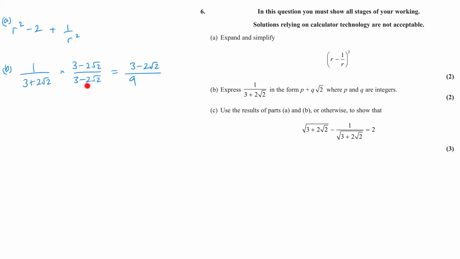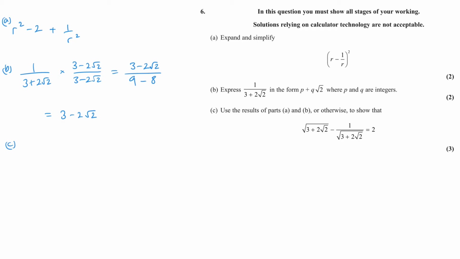And then 3 times minus 2 root 2 and 3 times plus 2 root 2 will cancel out. And then we've got the 2 root 2 times minus 2 root 2. So that's going to be minus 2 times 2 is 4, and root 2 times root 2 is 2, so minus 8 there. So that's going to give me 1, so the answer is 3 minus 2 root 2.